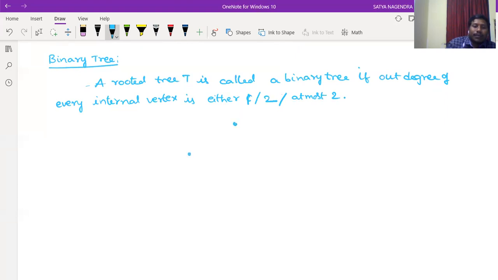You can draw one simple example for that. Draw a binary tree. This is the root node R, and A, B, C, D, E, F, G like this. You observe, I am joining these vertices.